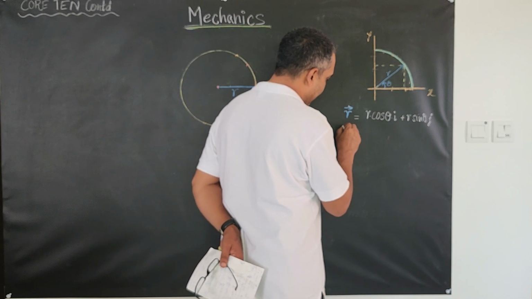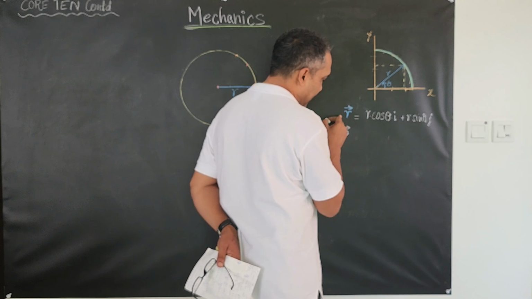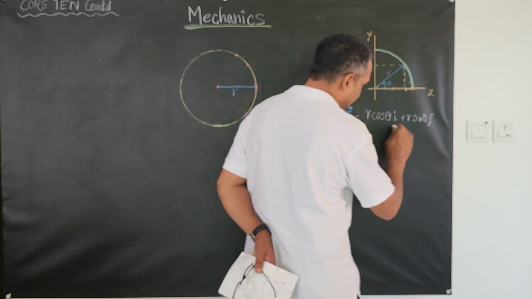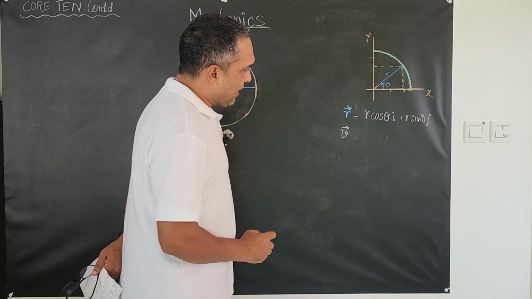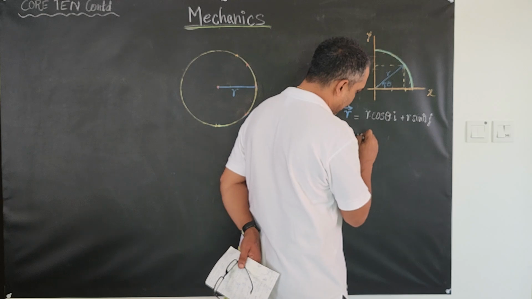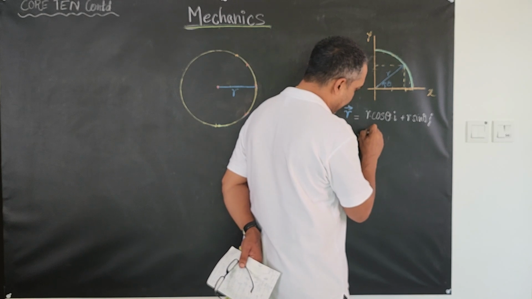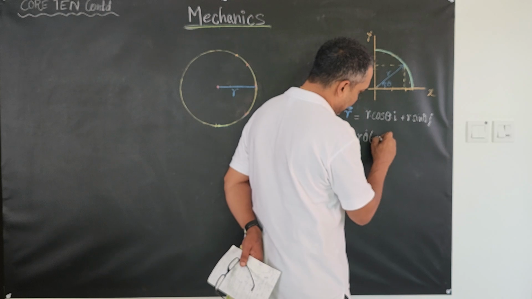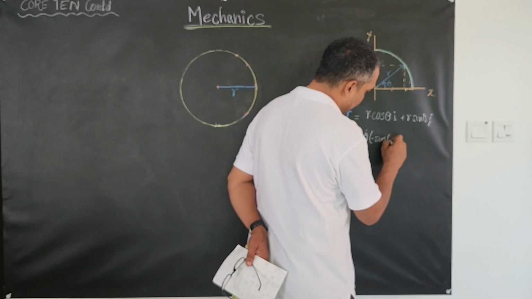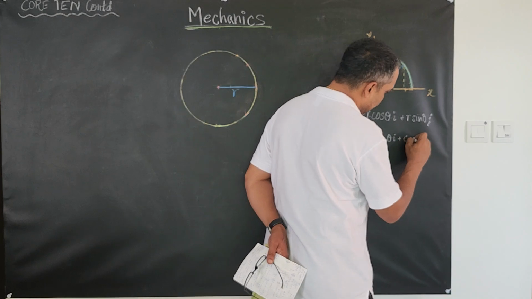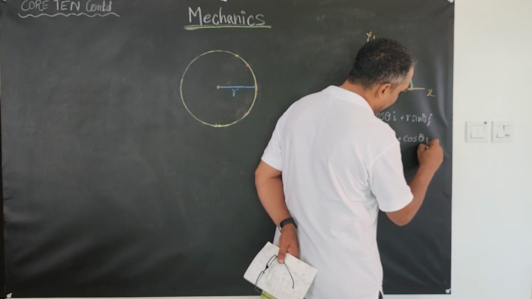The velocity vector is the first derivative of the displacement vector, which if I do this here, what I should end up with is something that looks like r times theta dot, negative sine theta i plus cosine theta j.